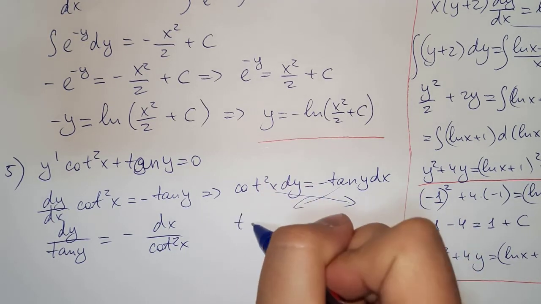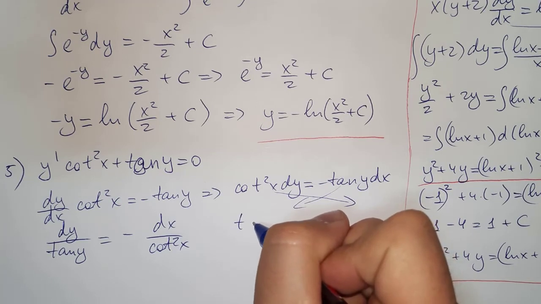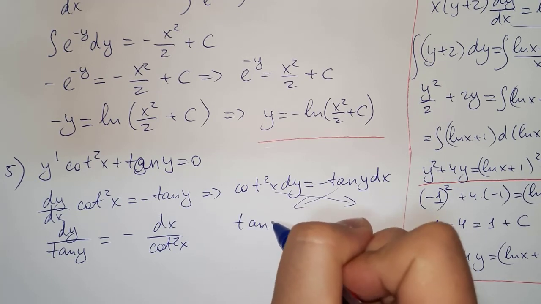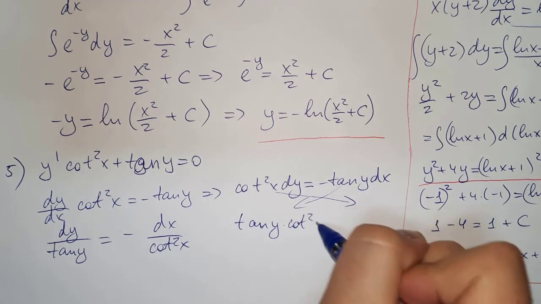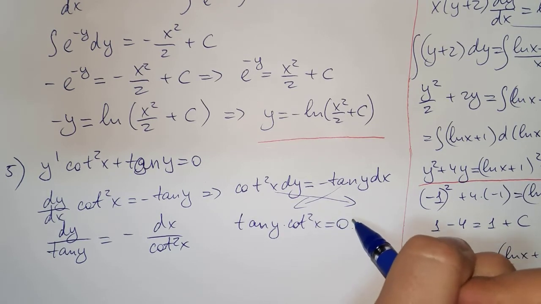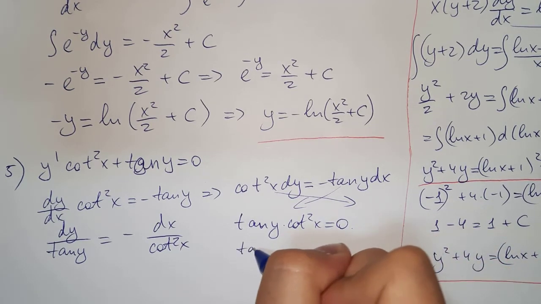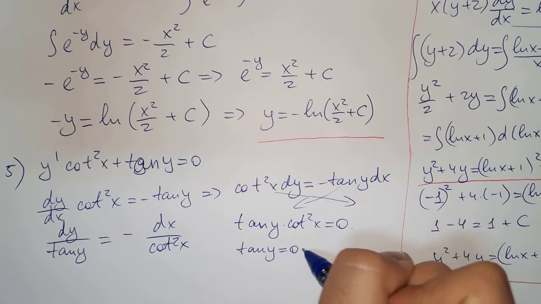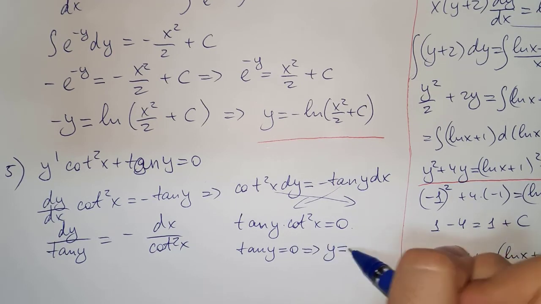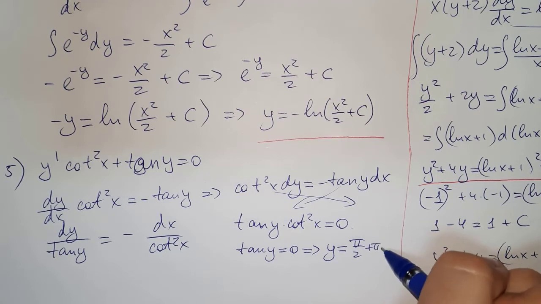How to check? The product tangent y times cotangent squared x is 0, and hence tangent y is 0, and it means y is pi over 2 plus pi n.